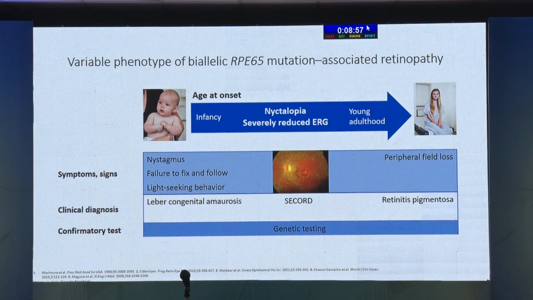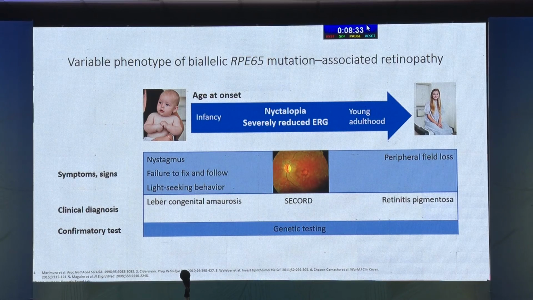So we see the phenotype: one occurring at birth, which we call Leber congenital amaurosis. It can be seen in childhood, which we call SECORD. It can be seen presenting in adults as a typical RP. Some of the patients have a classical fundus appearance, but many do not.